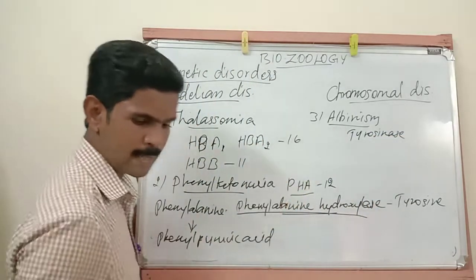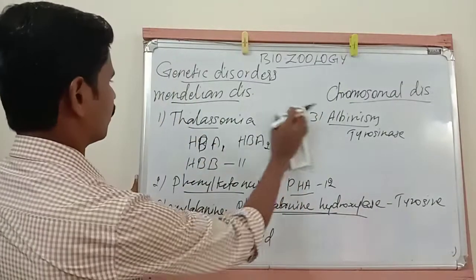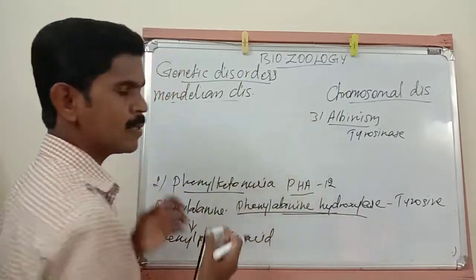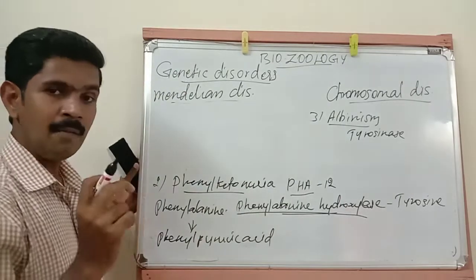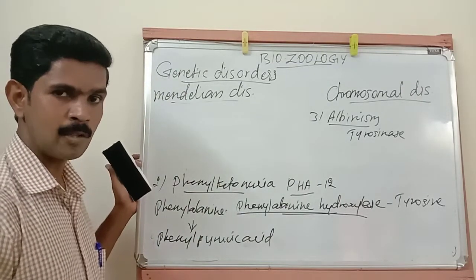This tyrosinase enzyme converts one amino acid into melanin.